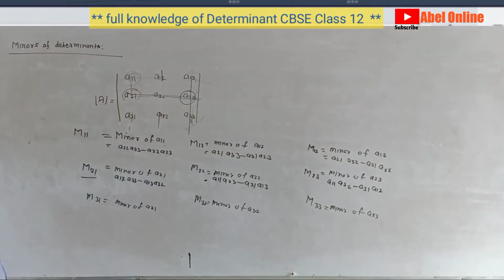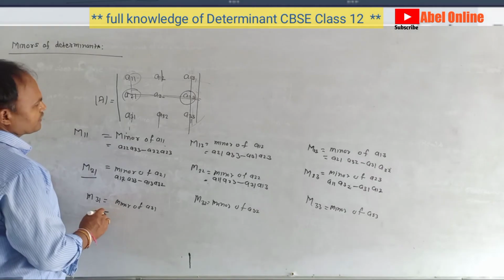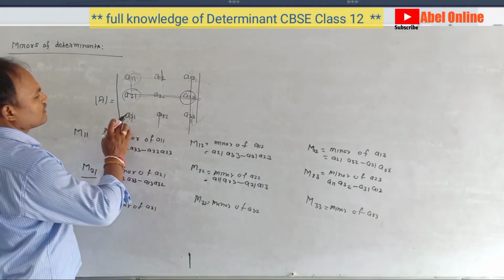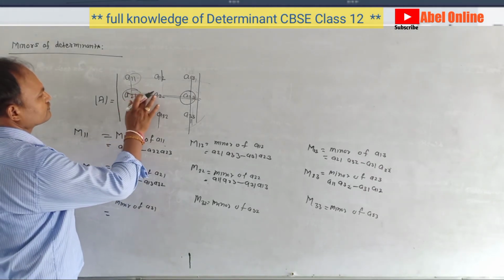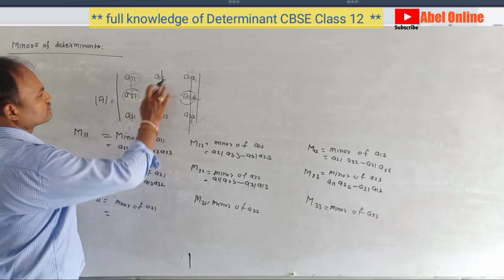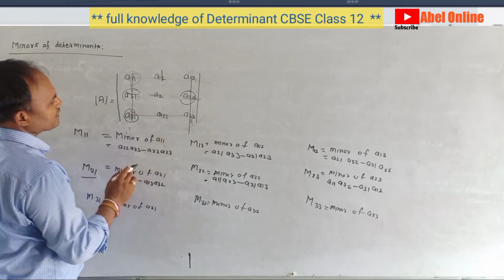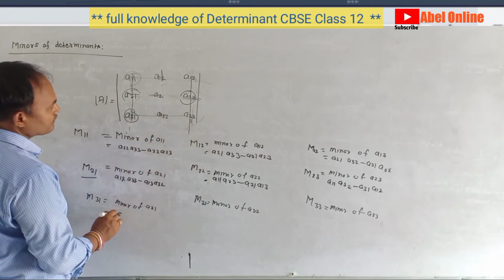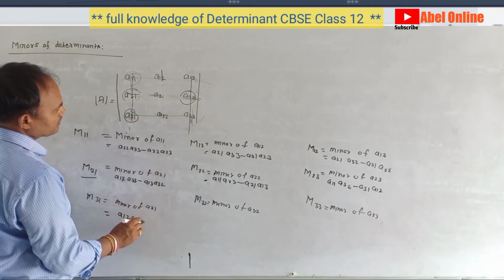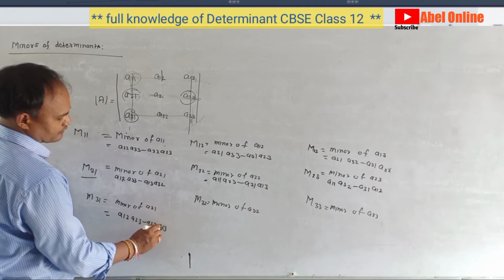Now what about the minor of A31? When we are talking about the minor of A31, this row and column are eliminated. So the remaining part is A12, A23 minus A22, A13.